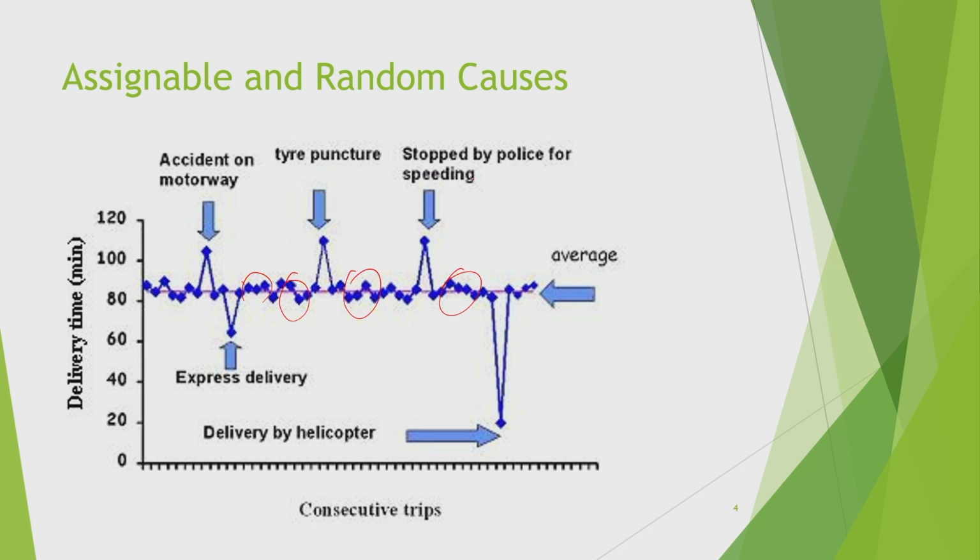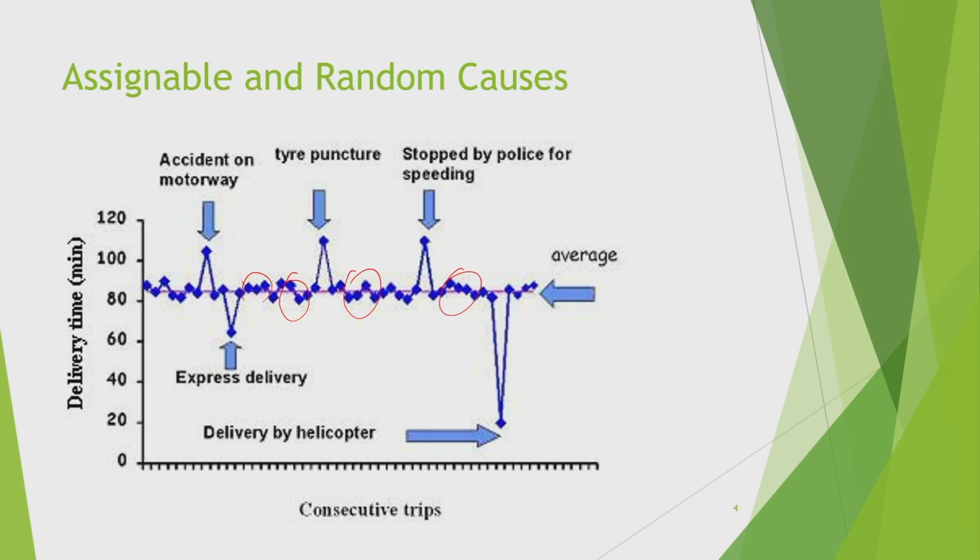Another day he was stopped by police for speeding. So, you know that you have got an assignable cause here. And sometimes we saw that he came much earlier. Maybe the delivery was done that day by helicopter, or an express delivery by some other means. So, these are the assignable reasons.